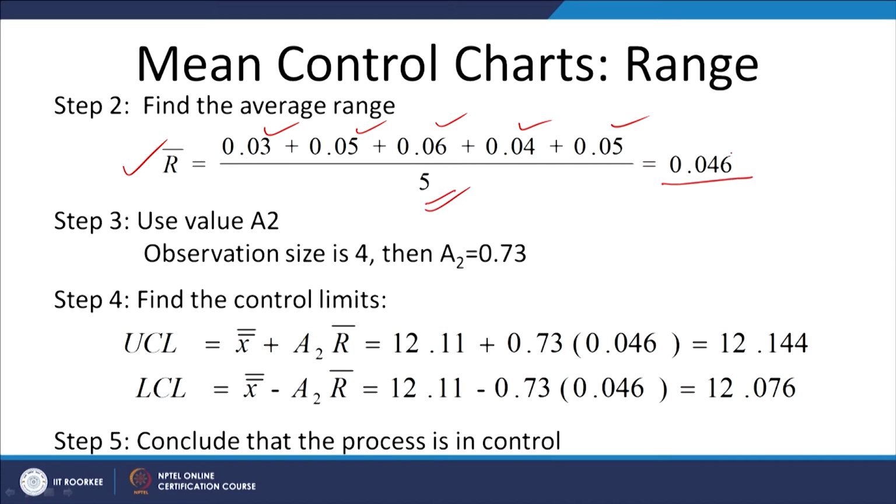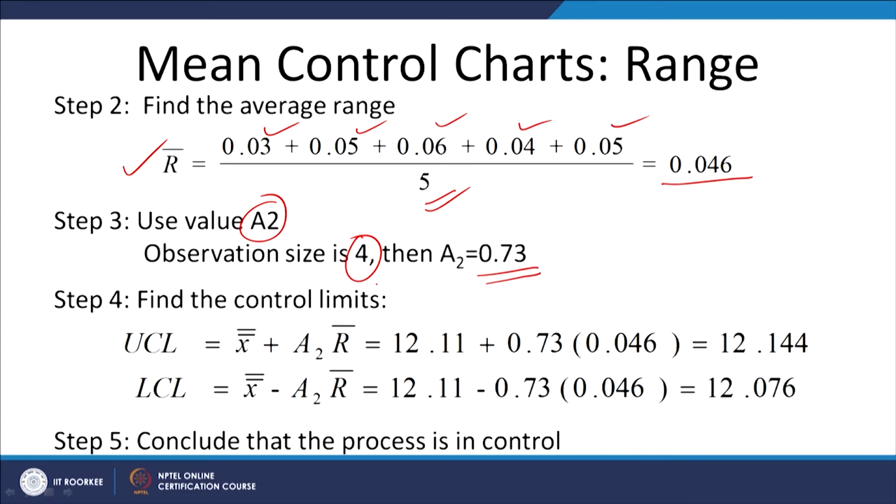So, R bar is calculated using the ranges for each sample divided by the number of samples, that is 5, and R bar is coming to 0.046. Then using the value of A2 from the standard data table for the sample size 4, we will get the value of 0.73.